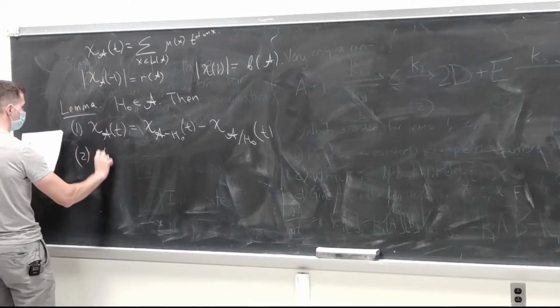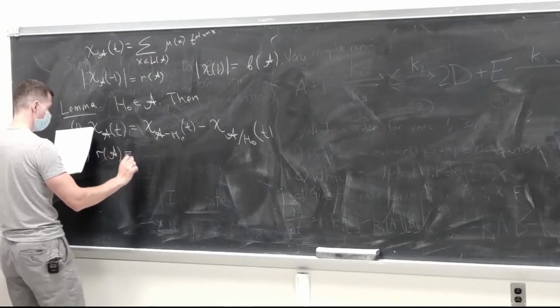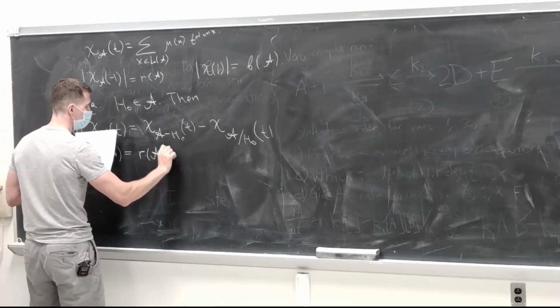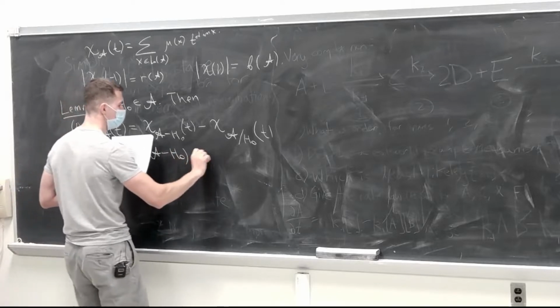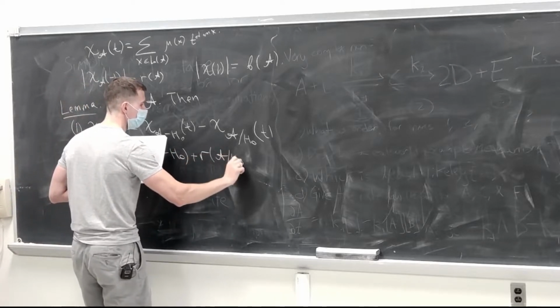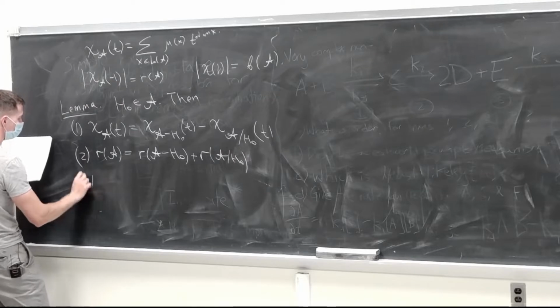The second claim is that the number of regions is just the sum of the two. And the number of bounded regions is a little bit tricky.